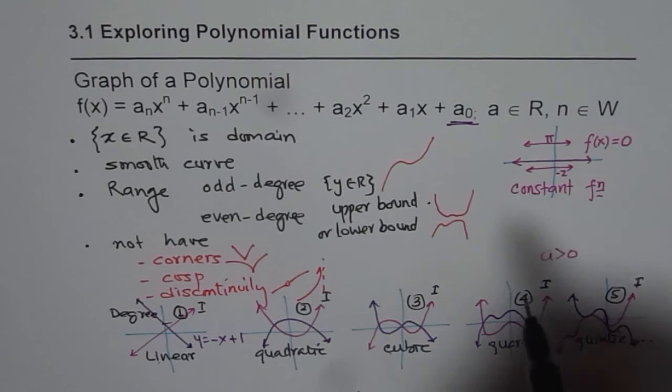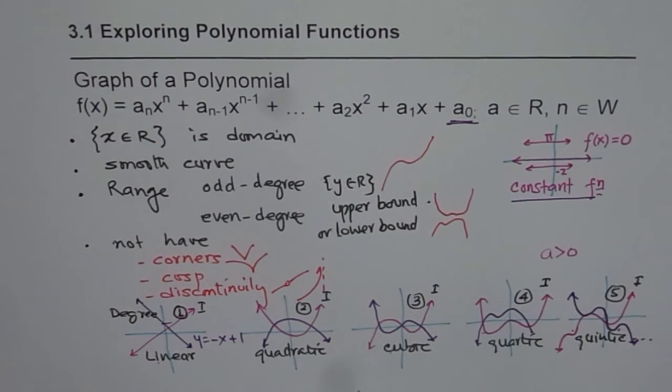A constant polynomial, however, is an exception to the rule where the range is just one number. And polynomials are graphs without any corners, cusps, or discontinuities. With this, I think you have fairly good knowledge about the graph of a polynomial. Now let us see some graphs of functions which are not polynomials. Okay, thank you.